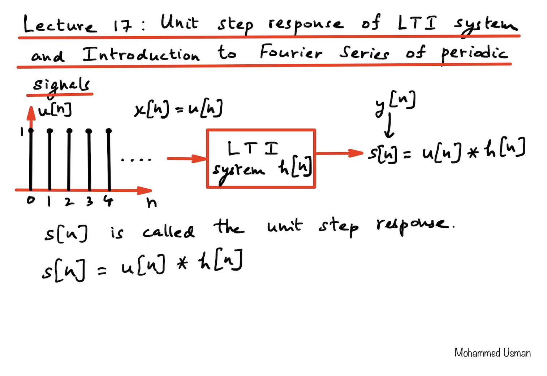And we can use the commutative property of convolution and write that as h of n convolved with u of n. So basically now we are treating this h of n as our input signal and this u of n as the impulse response. So s of n can be equivalently said as the output of the LTI system when the input is h of n and the impulse response is u of n.